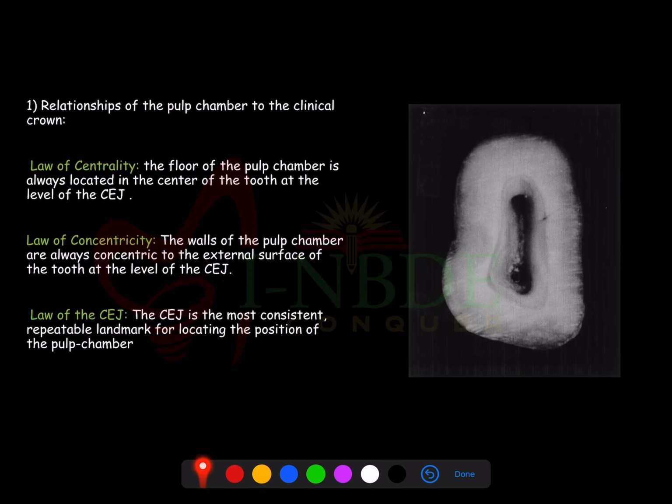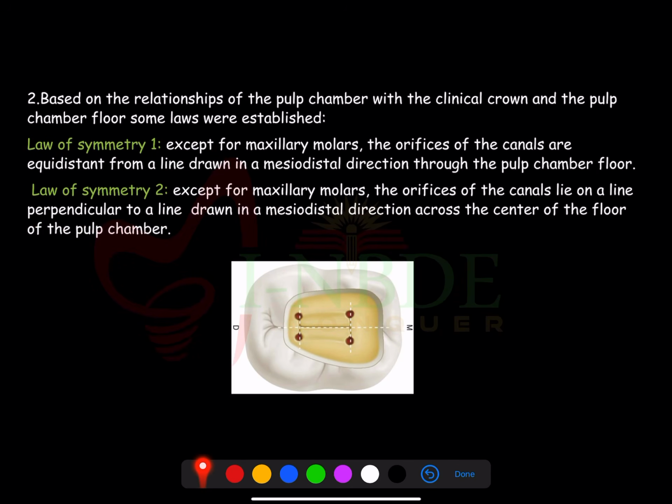The next goes on the basis of the relationship of the pulp chamber and the clinical crown. The pulp chamber has some symmetry laws. The first is symmetry law 1. Law 1 says that, except for maxillary molars, the orifices of the canals are equidistant. Means if you draw like this, they are equidistant in a particular direction, that is the mesiodistal direction.